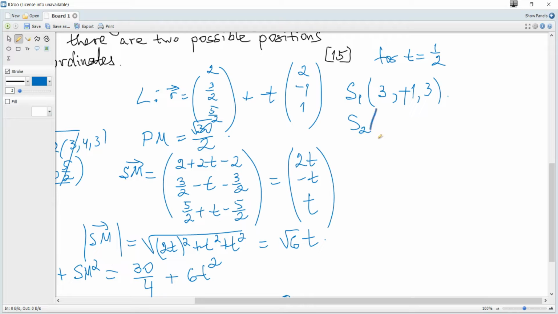And the second possible point, for t is negative a half, the second possible point becomes 2 minus 1, 1; 3 over 2 plus a half, it's 2; and 5 over 2 minus a half, it's 4 over 2, it's 2.